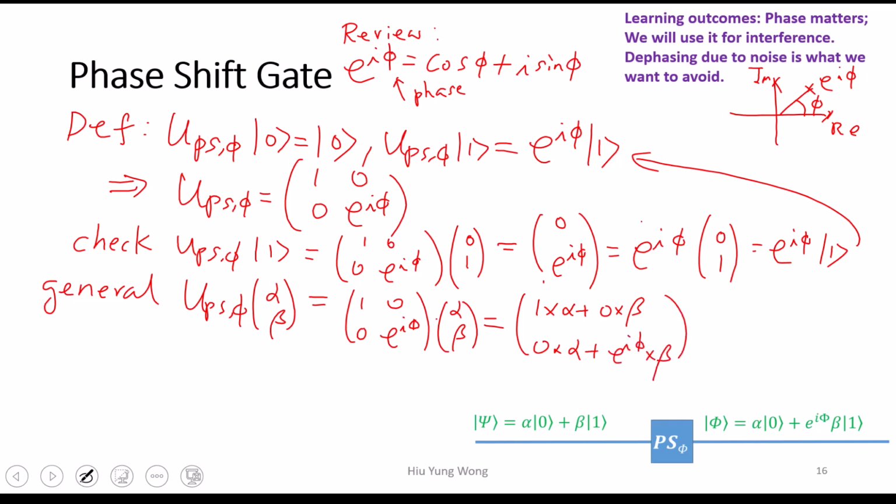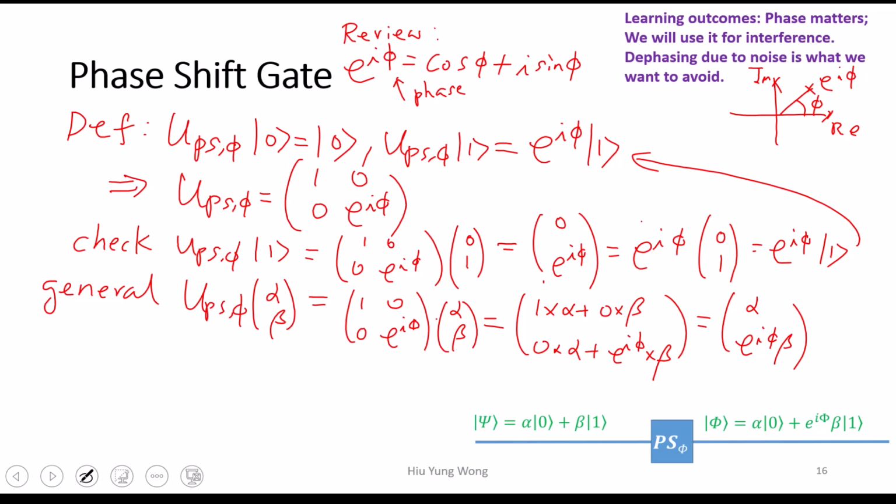I hope you all know how to do matrix multiplication, but last term, I saw some students mess up and get the wrong answer, right? So be very careful. This is the basic thing. And this gives us what? Alpha, e to the i phi beta.